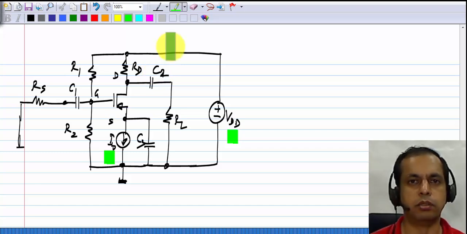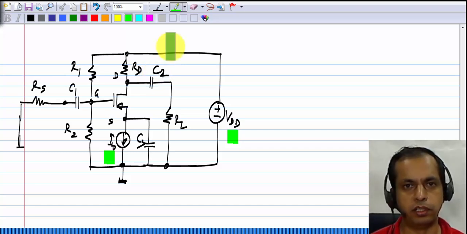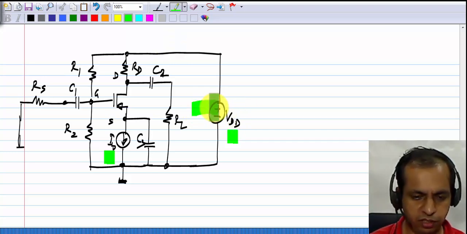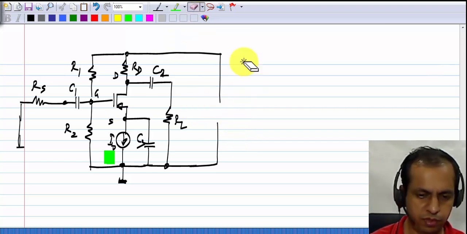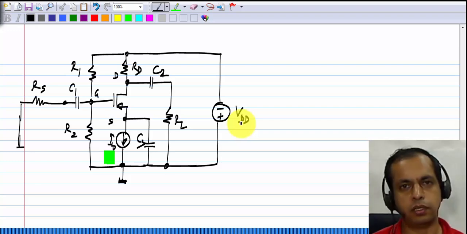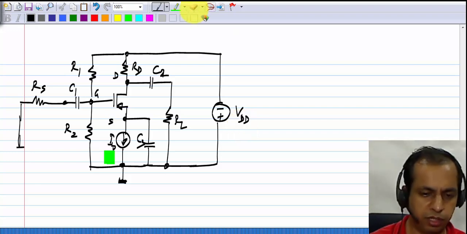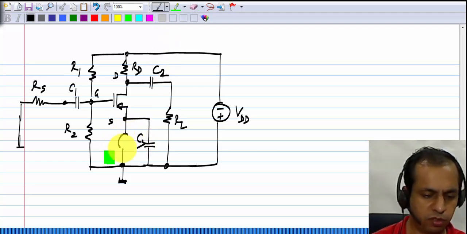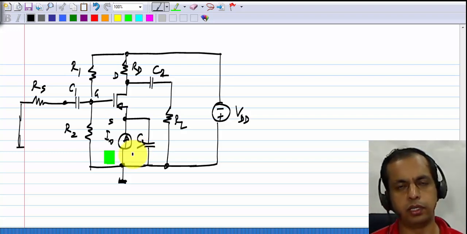Because the polarities are opposite in the operating point picture, I replace this with minus VDD, or I can say that this is VDD. Similarly, this current source becomes minus I0, or it just points upwards.